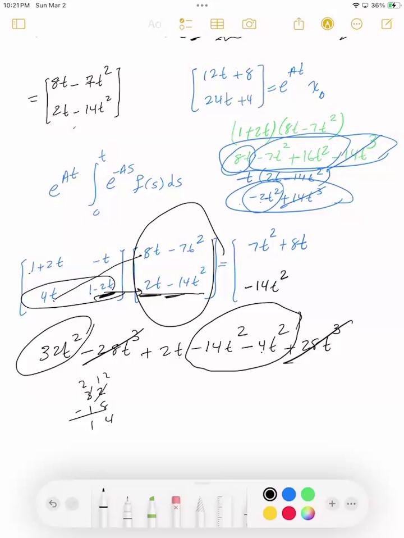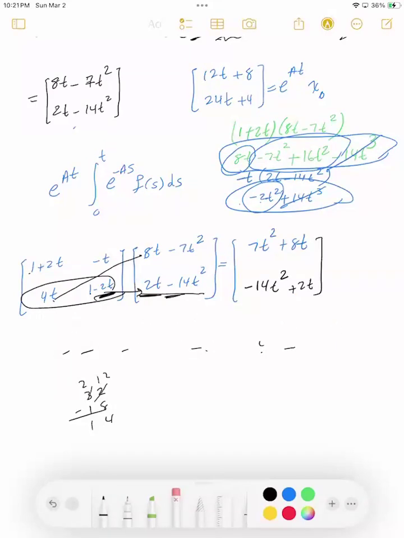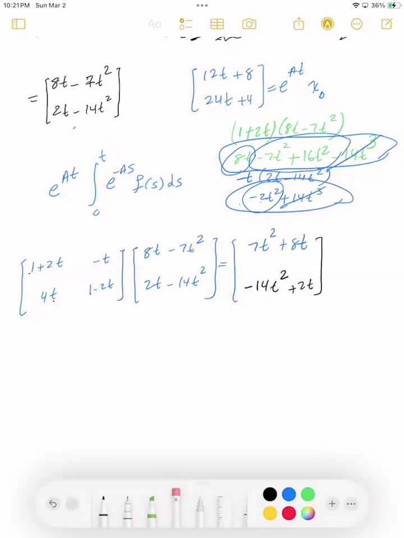And then plus 2t. Okay, now I just found this piece.